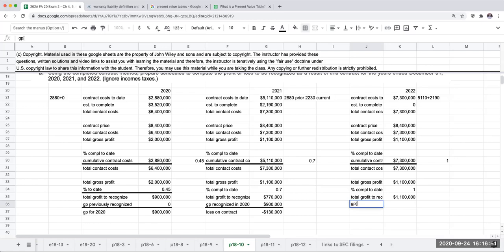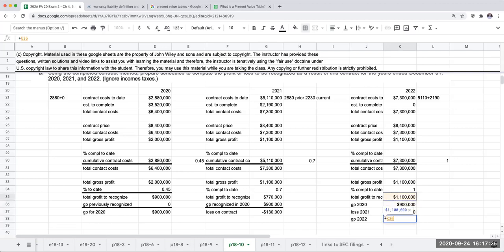However, my gross profit in 2020, I recognized 900,000. I also recognized a loss in 2021 of 130,000. Okay. So in terms of the total gross profit, remember when I add up 930 less 130 plus this number here, these have to equal 1.1 million.